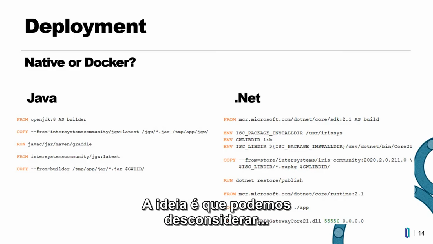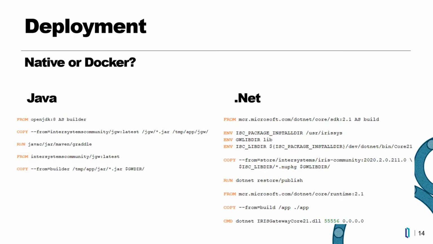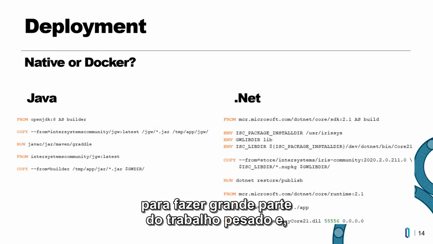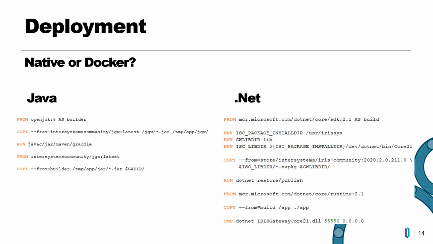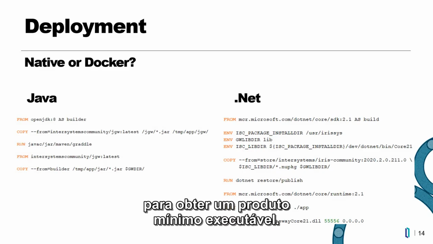The idea is we can use a big image to do a lot of heavy work, and after that disregard that and use a slim image to get the minimal runnable product.